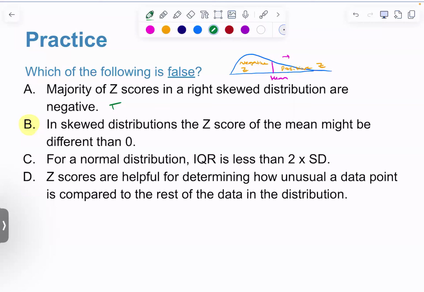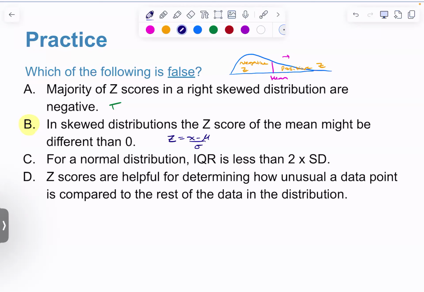Why is B false? Let's talk about that. In skewed distributions, the Z score of the mean might be different than 0. That can't be, because Z is X minus the mean over sigma, even if it's not normally distributed.